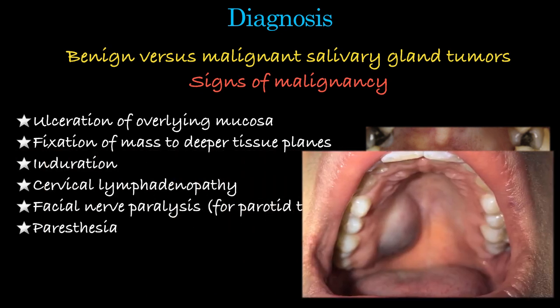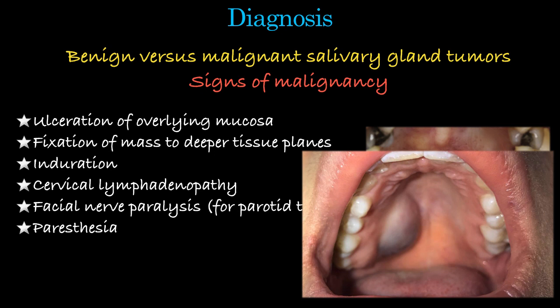Does that mean that when these signs are not there, I can assume that the tumor is perfectly benign and I can assure the patient that there is no problem? No. The picture that I'm showing you, this mass has been there for many years, more than 5 years maybe. It was soft in consistency. You can see the mucosa is quite normal.